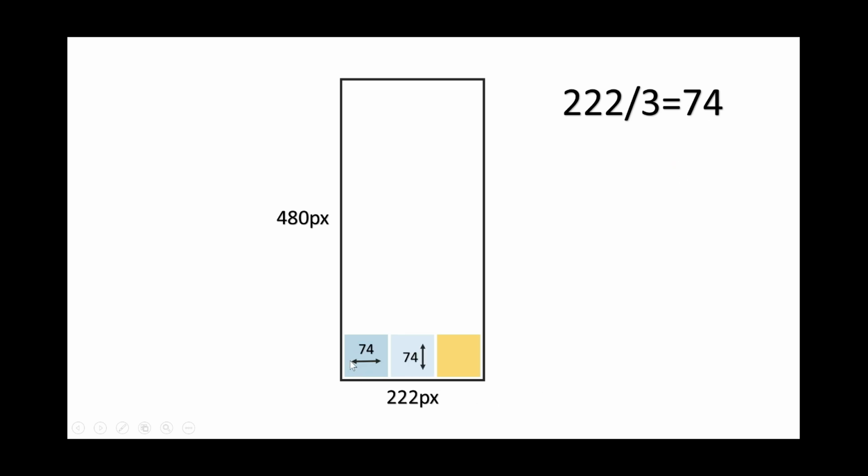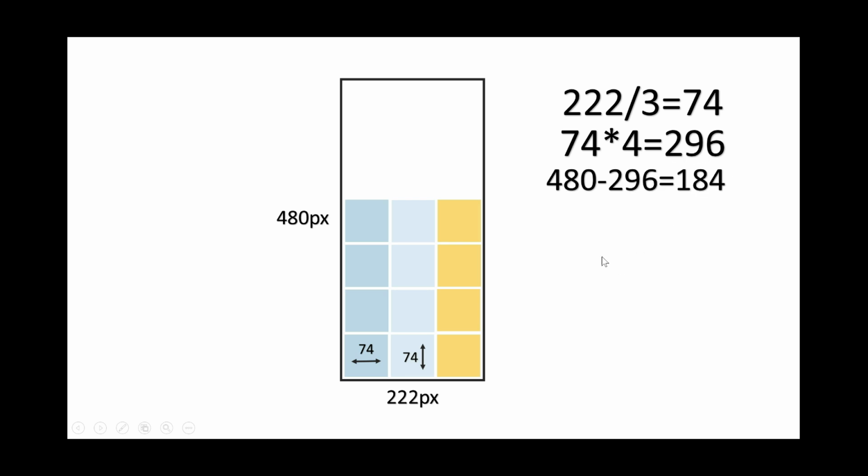So each button will have dimension 74 by 74. But we will need 4 of them, and 74 multiplied by 4 is 296, and 480 minus 296 is 184.